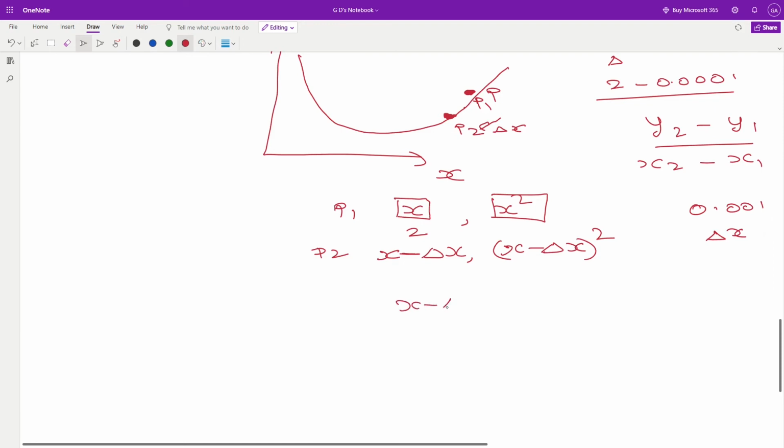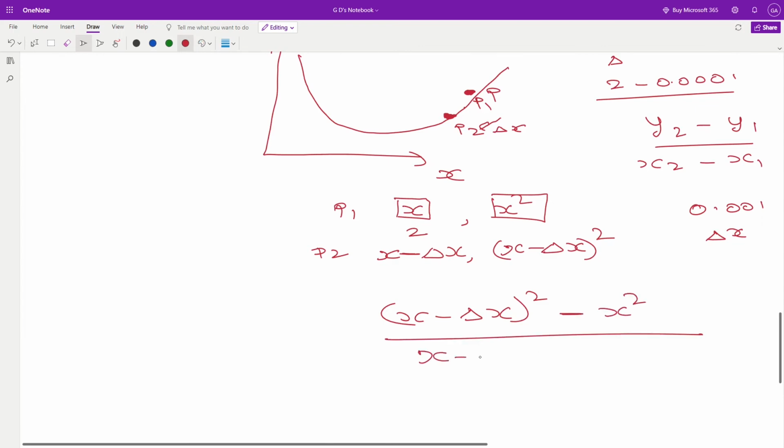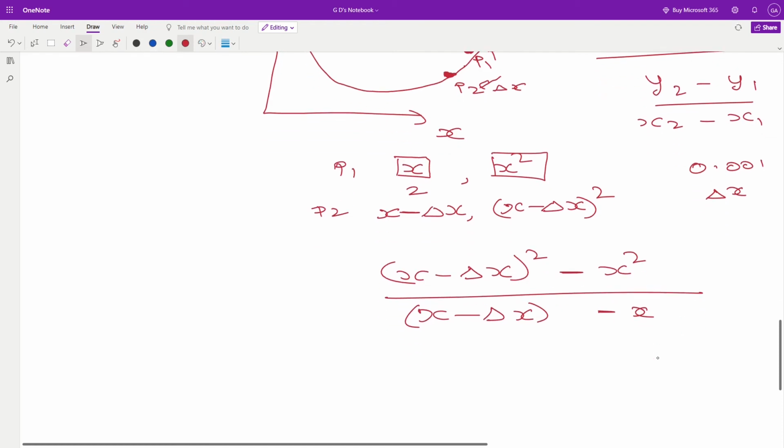Let's start with y. So (x minus delta x) whole square minus x square, divided by (x minus delta x) minus x, obviously.